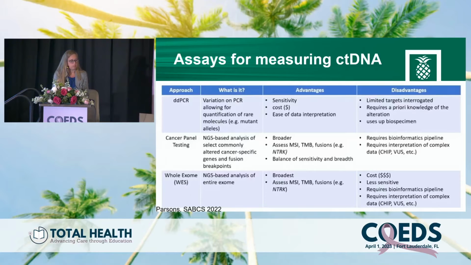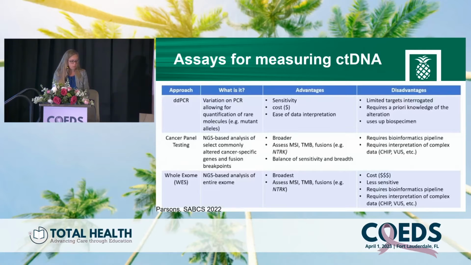It's able to assess microsatellite instability, TMB, which I'll put a little asterisk there, we'll talk about TMB, and things like NTRK. So it's a nice balance between looking at a number of mutations and having decent sensitivity. One of the drawbacks is that we have to make sure that we know how to interpret some of the data for things like clonal hematopoiesis of indeterminate potential.